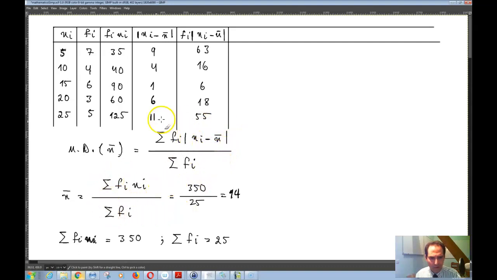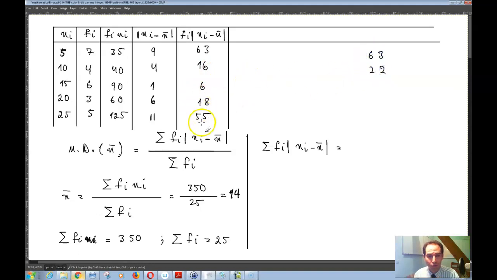Now sigma f_i times the absolute value of x_i minus x bar is equal to 63 plus 16 plus 6 plus 18 plus 55, which is equal to 158.